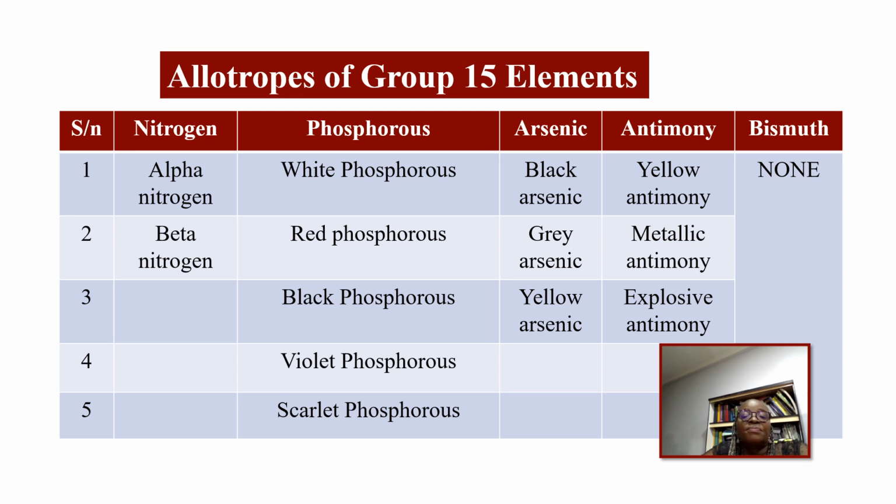Arsenic has black arsenic, gray arsenic, and yellow arsenic. Antimony has yellow antimony, metallic antimony, and explosive antimony. It is only bismuth in this group that does not form an allotrope.